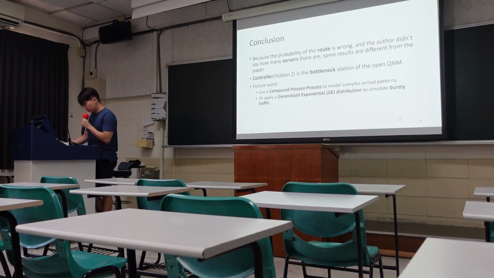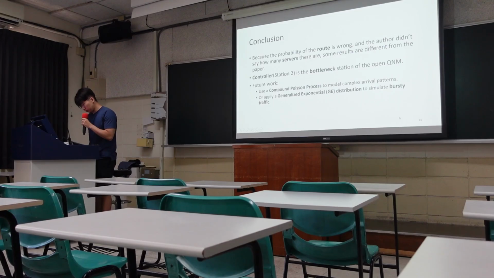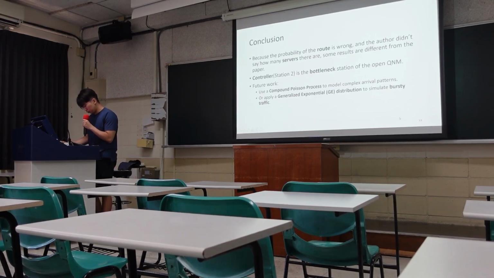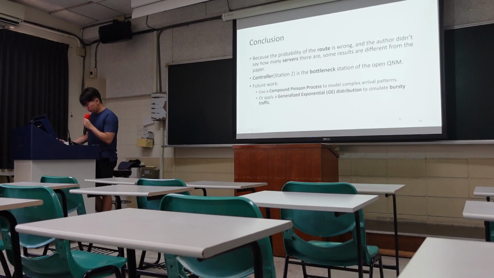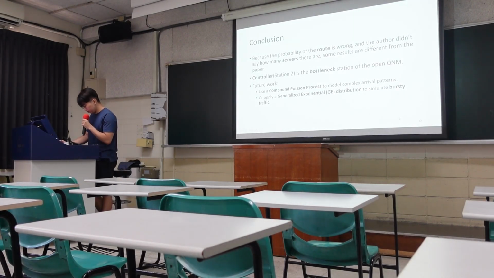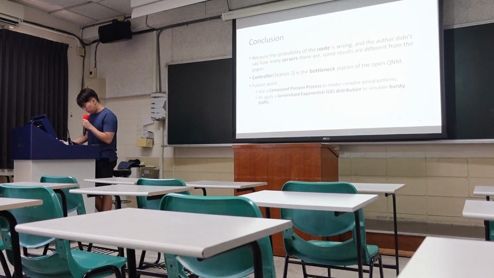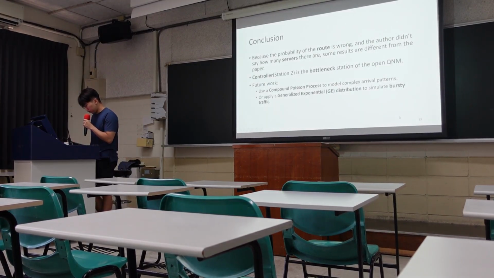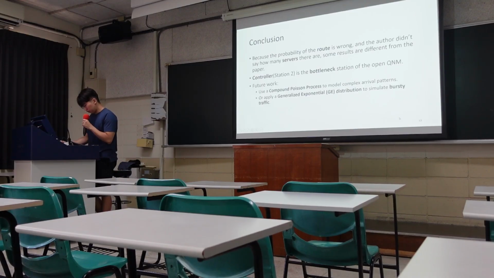This slide summarizes the key findings of my research and analysis. First, due to some errors in the original paper's routing probability, my results differ from those presented in the paper.